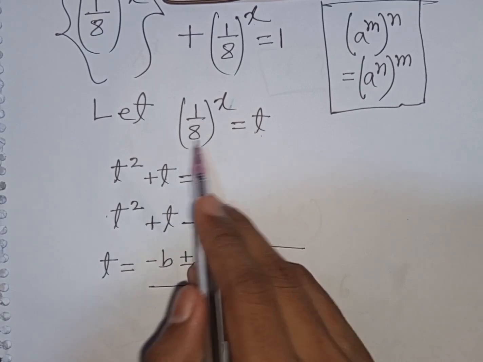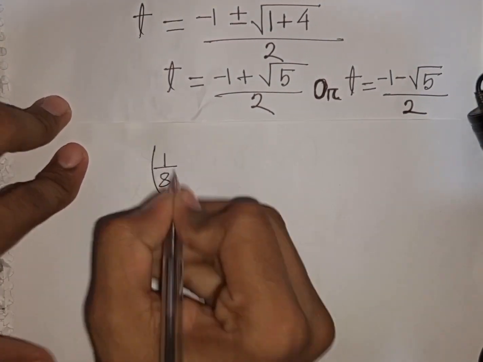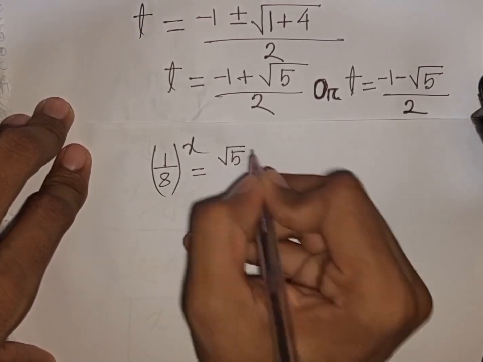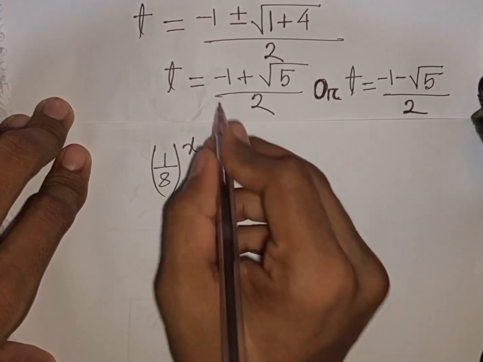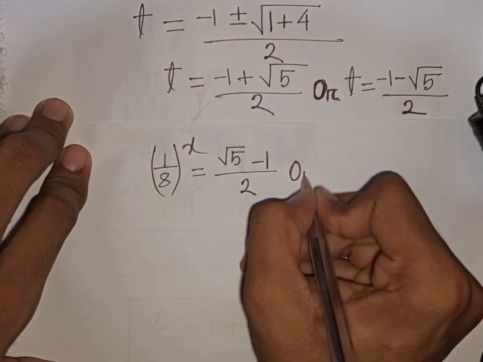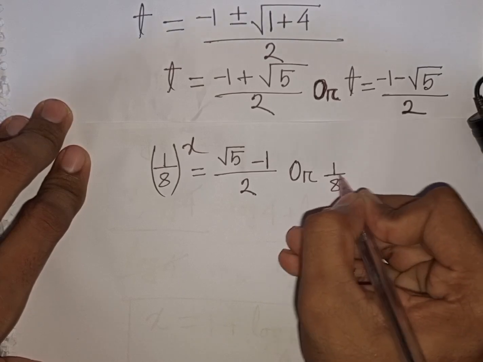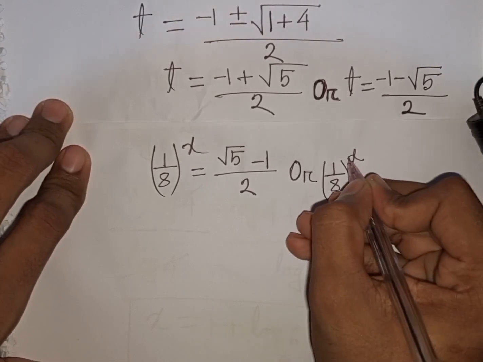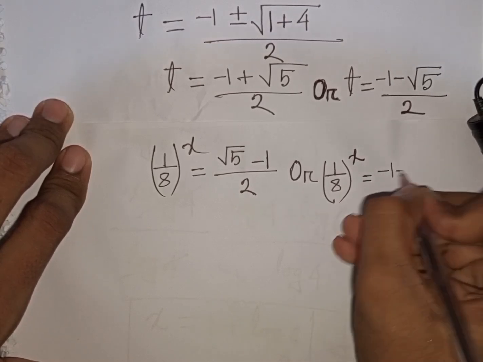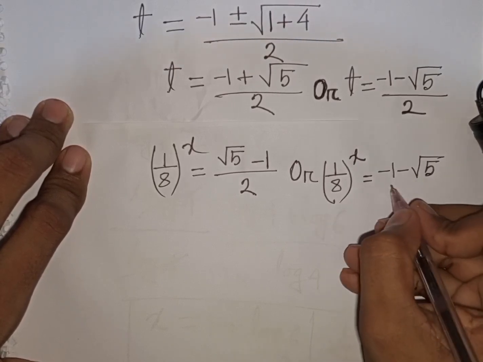So, 1 by 8 bracket power x is equal to a square root of 5 minus 1 divided by 2, or 1 by 8 bracket power x is equal to minus 1 minus a square root of 5 divided by 2.